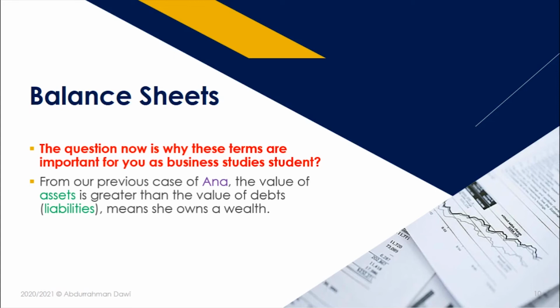So in this case, when you own more than you owe to people, it means that you are a wealthy person or a wealthy business owner.